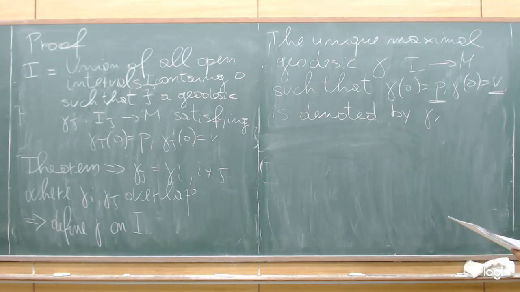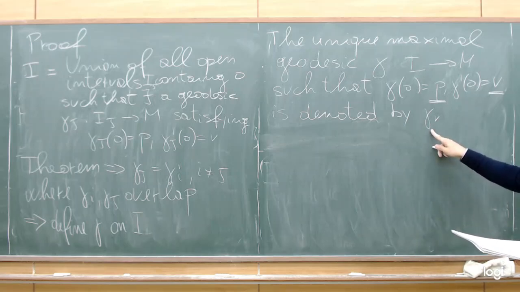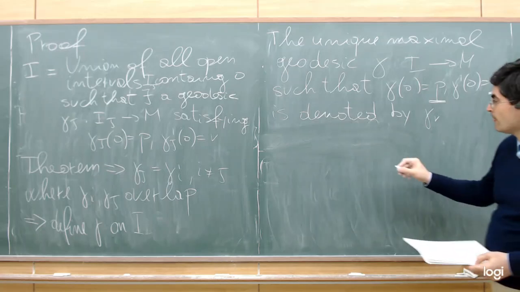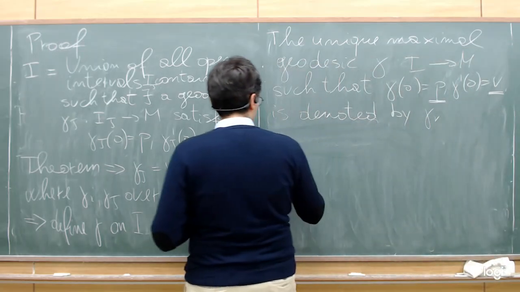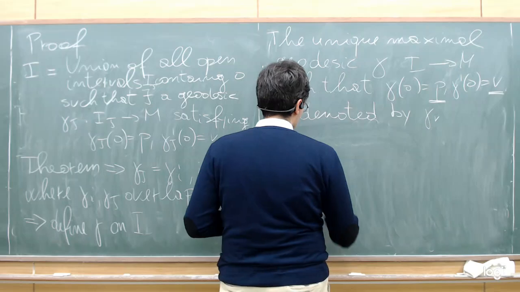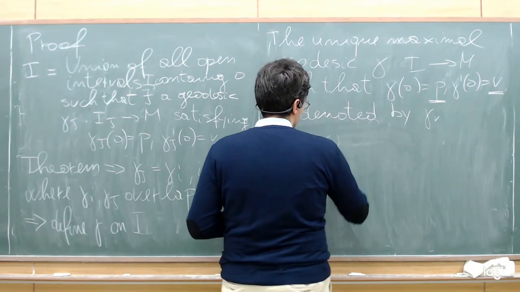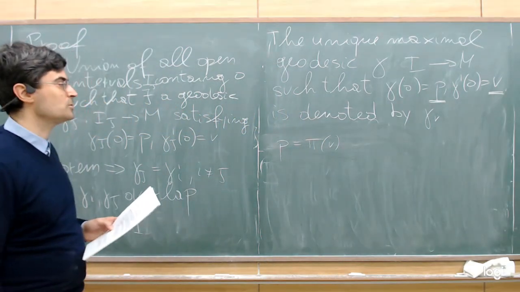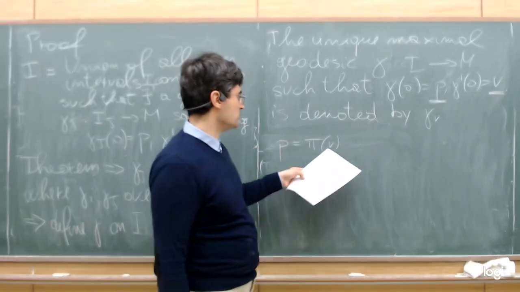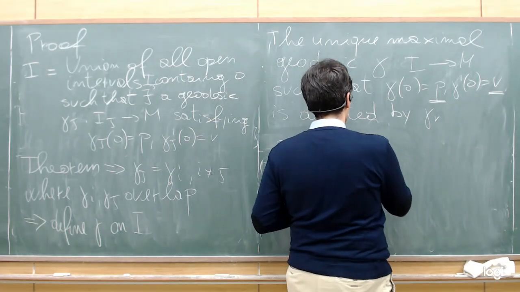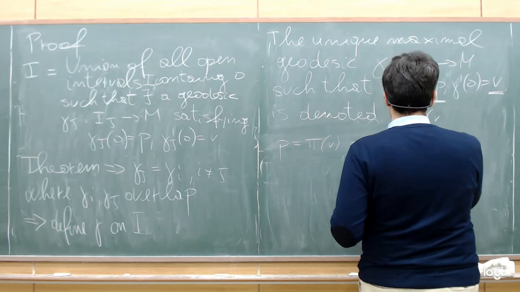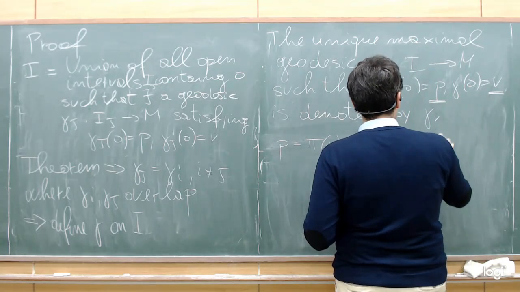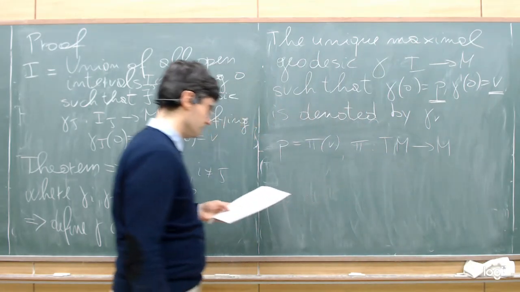In this textbook, the initial point does not appear in the notation used for the maximal geodesic because you can recover the initial point p just taking the projection of v, where pi is a projection from TM to M.